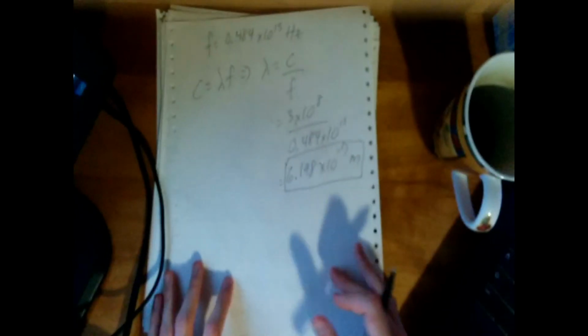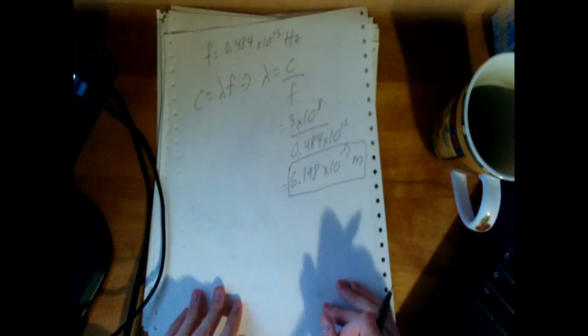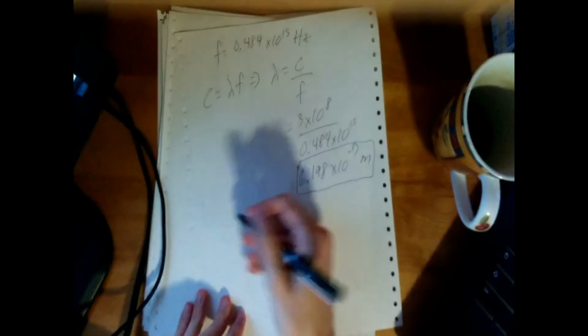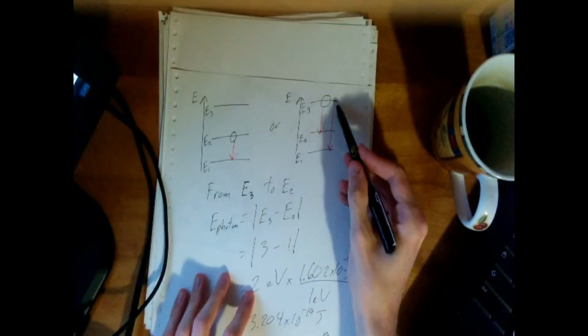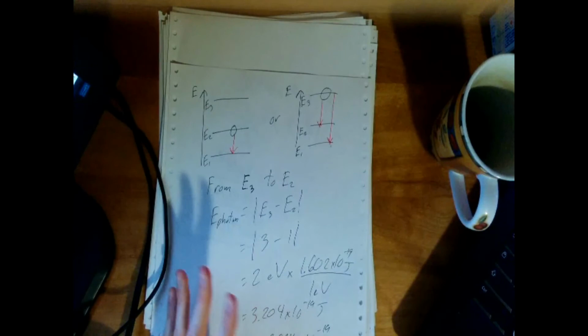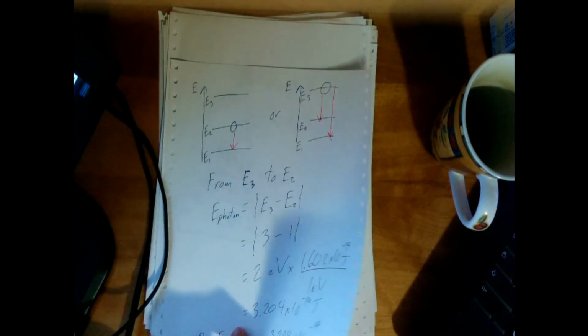And for the other transitions, again, the only difference is the energy of the photon. So from here to here, the energy of the photon would be E3 minus E1. From here to here, it would be E2 minus E1. So that is the only difference. From there, the principle is the same.